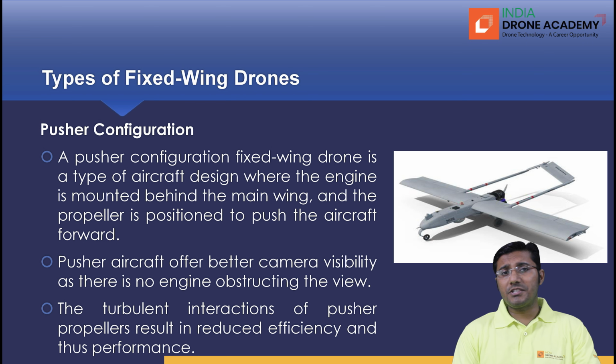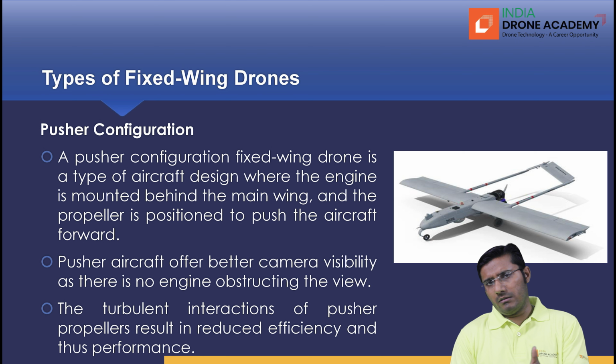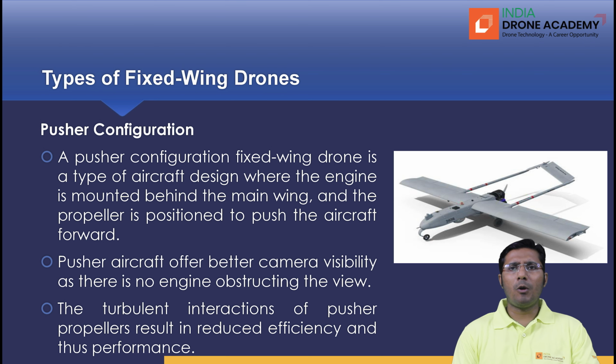Now, why is it so? It can be easily understood because in a pusher aircraft, we have a propeller mounted at the backside of the wing, and so the air approaching the propeller has first passed over the vehicle's front and then over the wings, so it becomes turbulent.